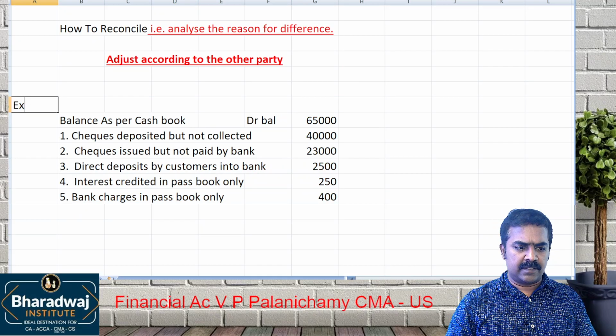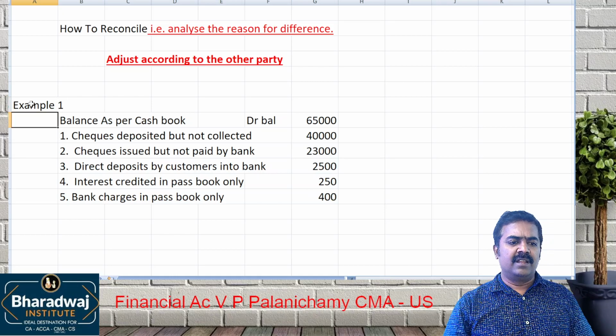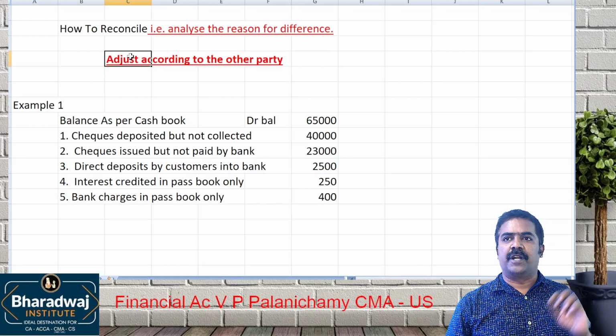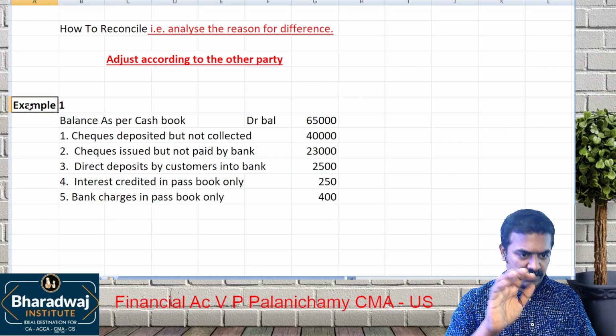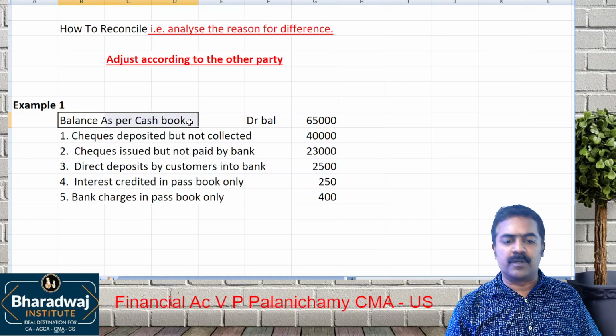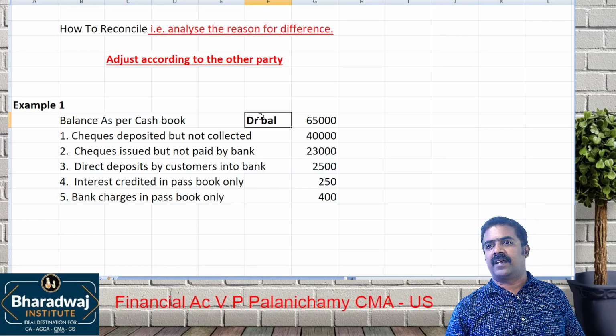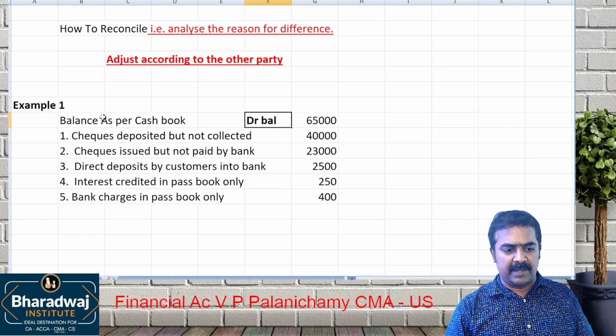Don't copy this, listen to it. Example number 1. What is the one line rule I have given you for BRS? Adjust according to the other party. Balance as per which book? Cash book is given. Debit balance means the normal balance.